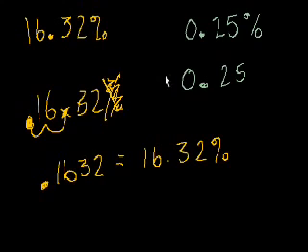You're probably wondering why I'm doing this, but I think you'll see in a second why I wrote that leading 0 there, even though it doesn't seem to add much. 0.25%. Well, what's the system I just showed you? You get rid of the percent sign, and you move the decimal over 1, 2 spaces.